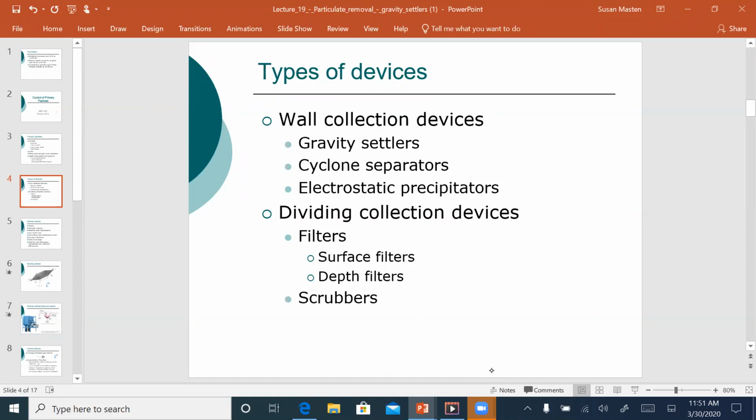We'll also talk about electrostatic precipitators. These are using electrical current, charging particles, and then they get removed along a wall. And then we'll talk about dividing collection devices, and these include filters and scrubbers. So in all cases, what we're looking at is we've got some sort of solid particle.